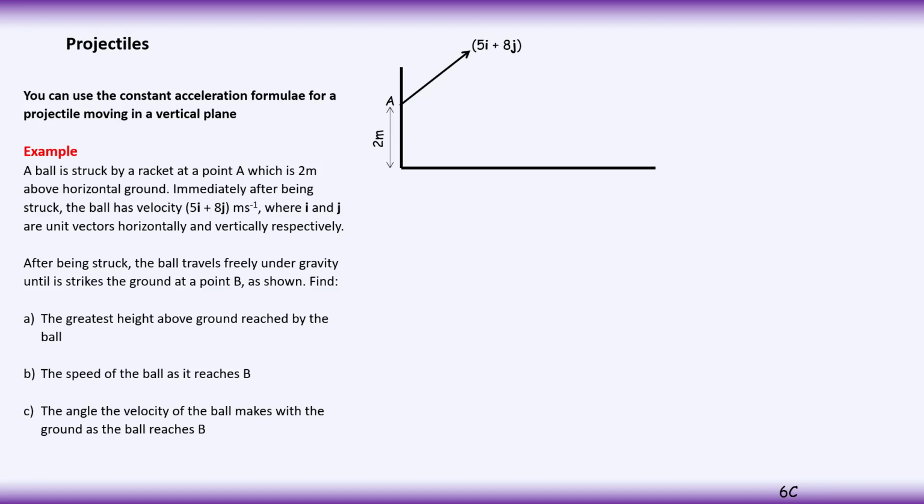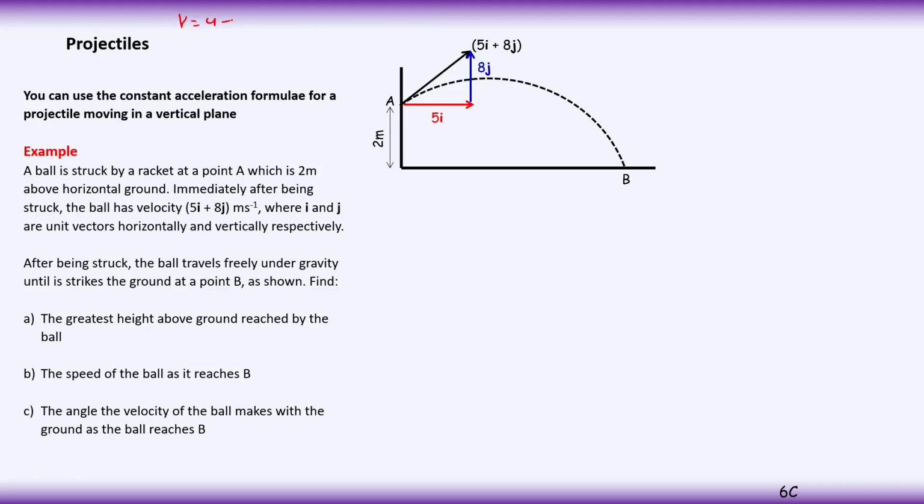So if we show the trajectory of the ball, there we are. It strikes the ground at B, and you've got 5i going horizontally and 8j going vertically. So nice and straightforward. So there's our diagram. Find the greatest height above the ground. We resolve vertically. Not forgetting our Suvat equations.